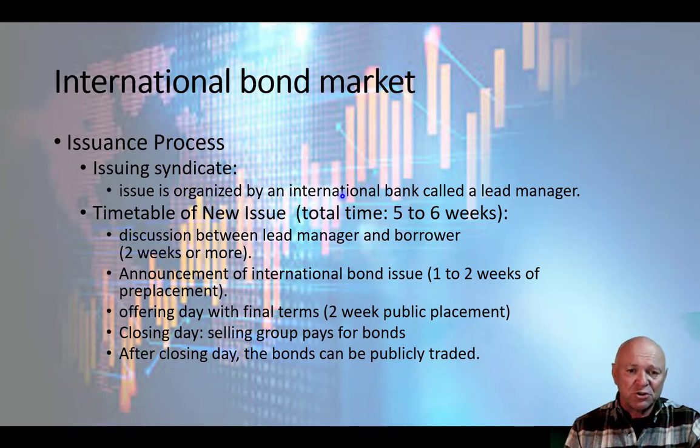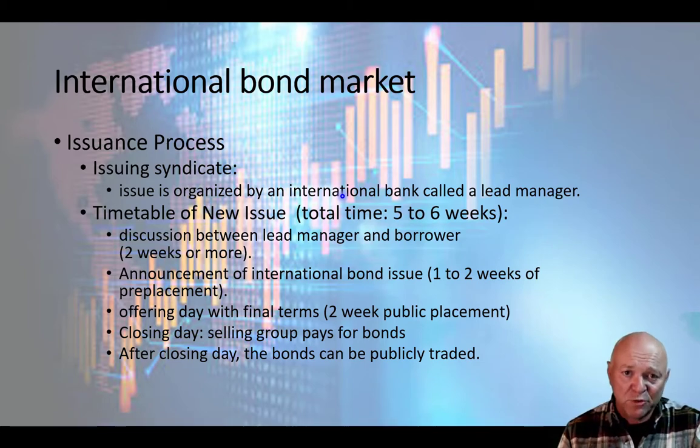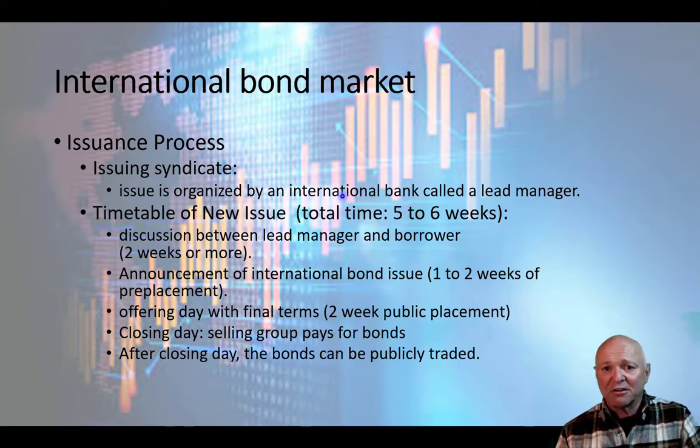Announcement of the bond issue with a couple of weeks of notice. On the offering day, 2 weeks from the final placement, final terms will be announced, and on the closing day, the lead underwriter is going to pay the client for the bonds.